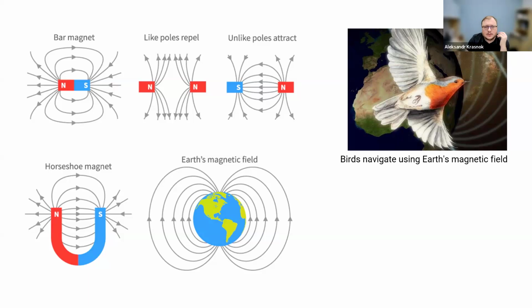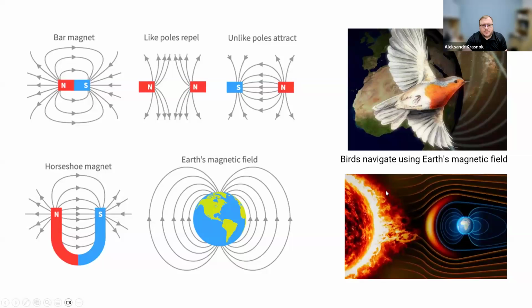There are many times when systems with strong magnetic field, like transformers, for example, cause some problems to birds. So this is something to remember about.